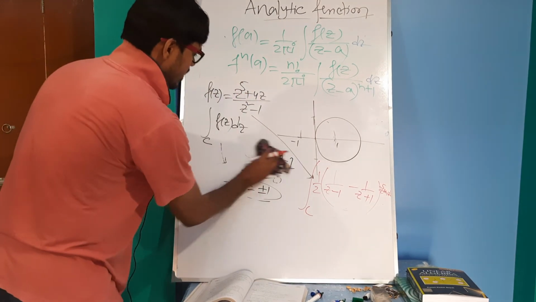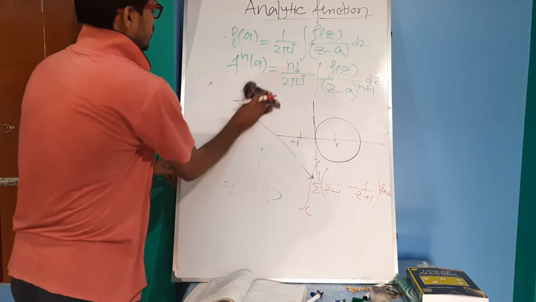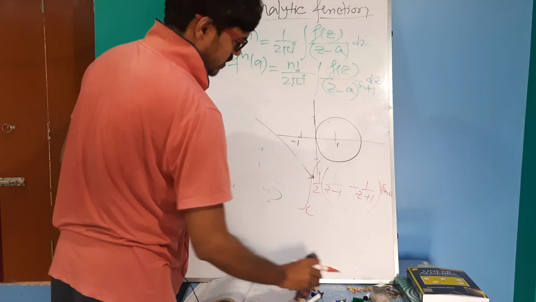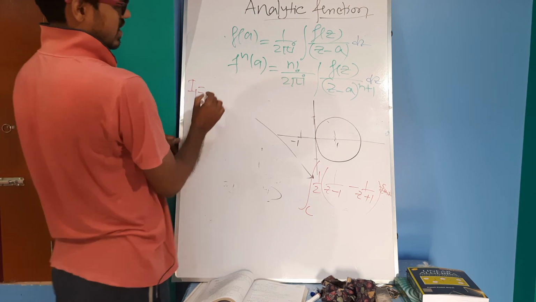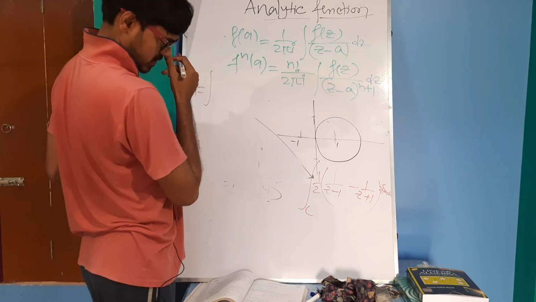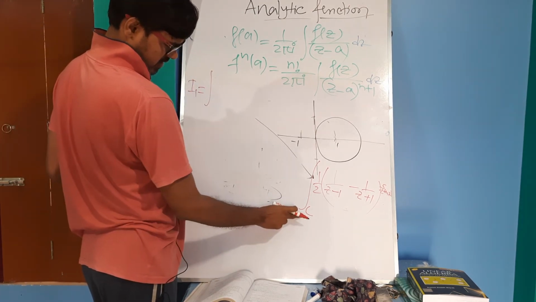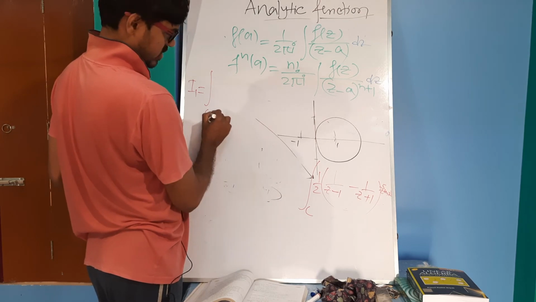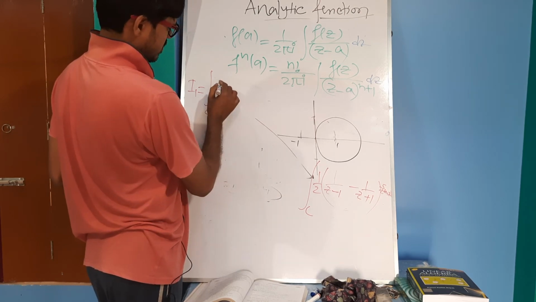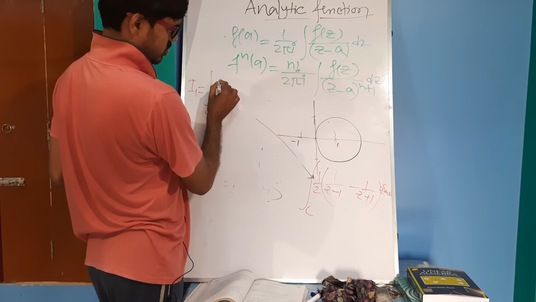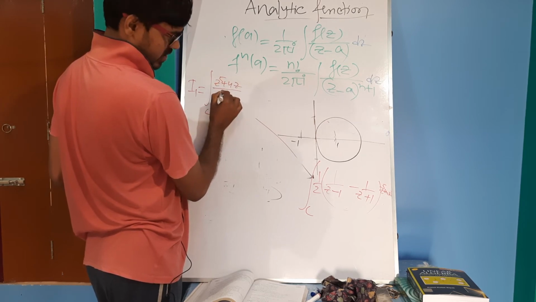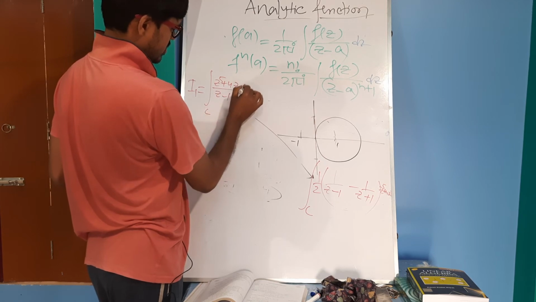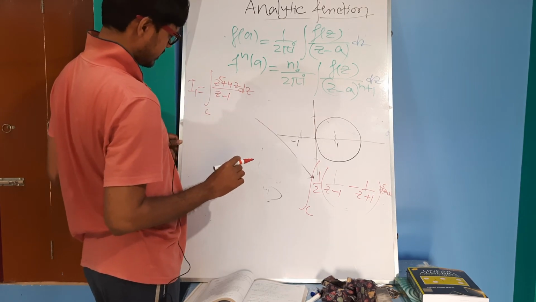Now we have two parts. If you take the first as I1, integration over c of 1 by z minus 1, that means z to the power 5 plus 4z by z minus 1 into dz.